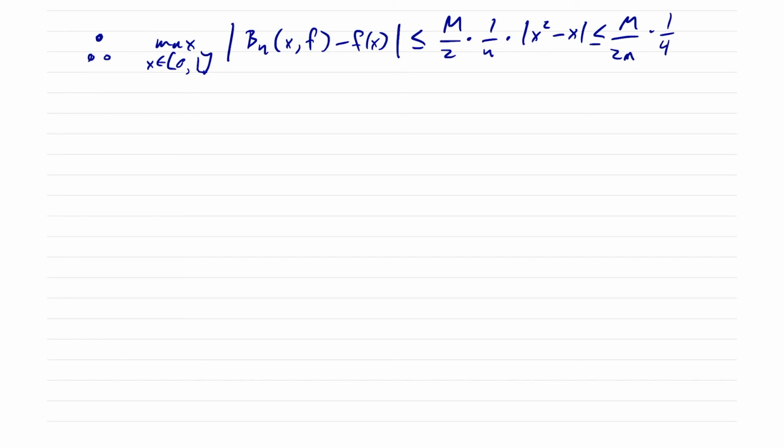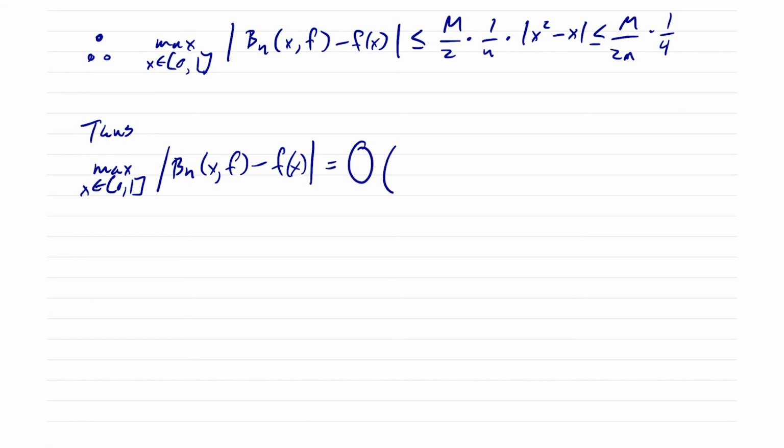And thus the maximum over x in [0, 1] of |B_n(f)(x) minus f(x)| is big O of 1 over n. And so, there you go.